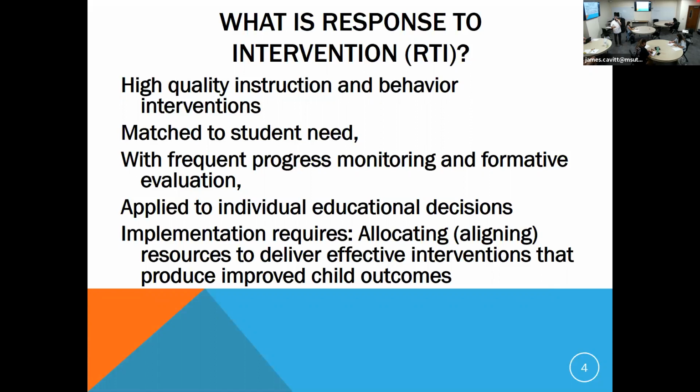If a school district is going to spend money on that strategy, it must have the science behind it. So it's the scientifically based piece. Also, it needs to be matched to the student's need. If a student is struggling in reading, are you going to give them interventions for math?